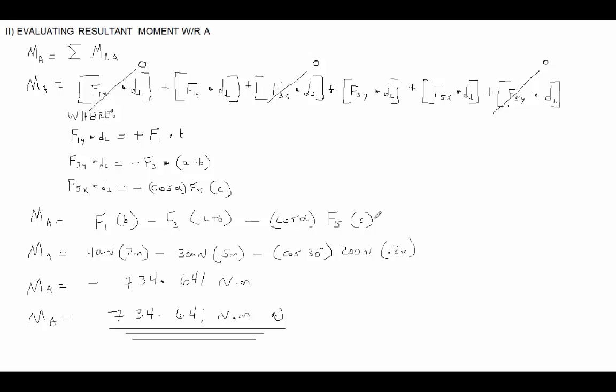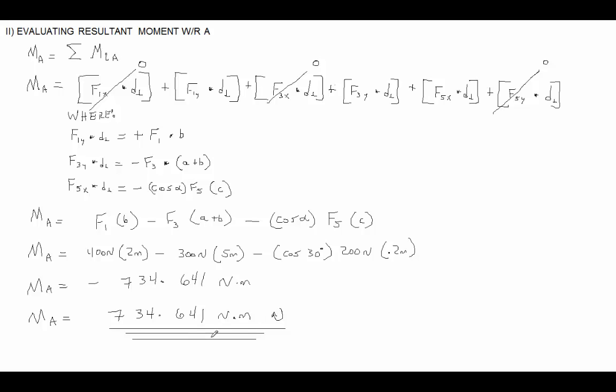If you look at each of these moments, the moments have the force and a perpendicular distance measured between the two forces in the couple. We are not referencing any point here, we're just referencing the distance between the two forces, between F1 and F2, between F3 and F4, and between F5 and F6. Because of that, it doesn't matter what point we evaluate, this will always be the same thing.